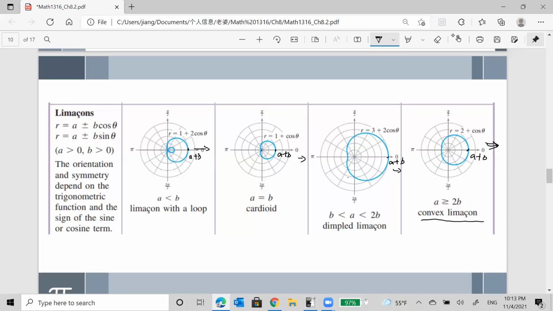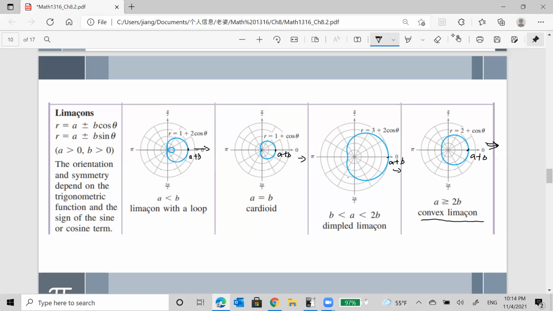It's like this shape because it's plus B times cosine theta. If minus B times cosine theta, it is lying to the other side, like this.